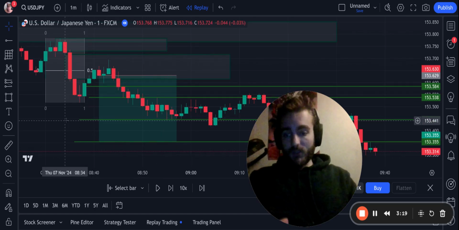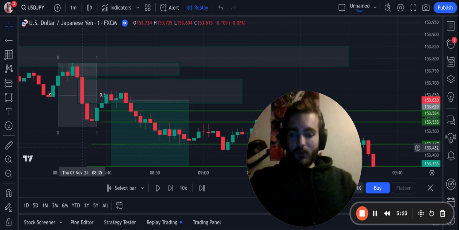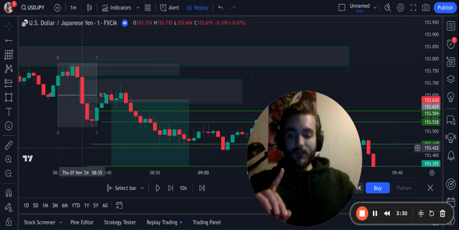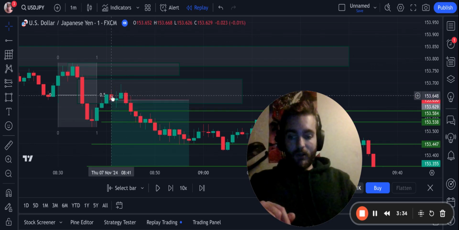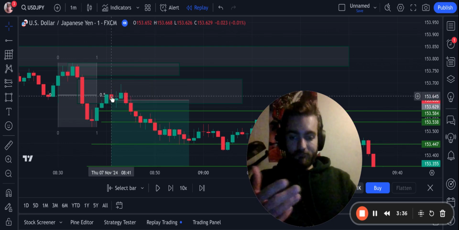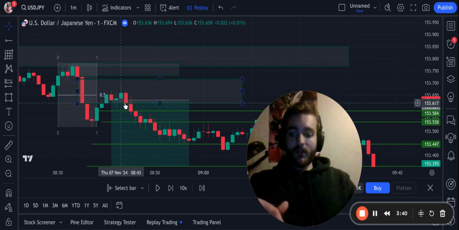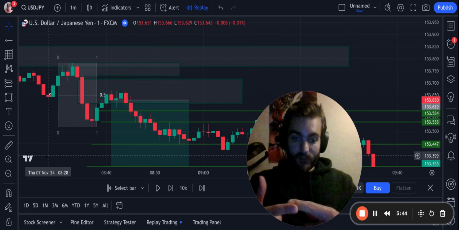One thing I could have done better was that price was not showing bearish pressure coming out of the fair value gap. I should have waited to enter based off of this candlestick here instead of entering off of this candlestick. Even though it's still not a bad entry, there was a better entry, based off of this candlestick here, even though I would have risked more.